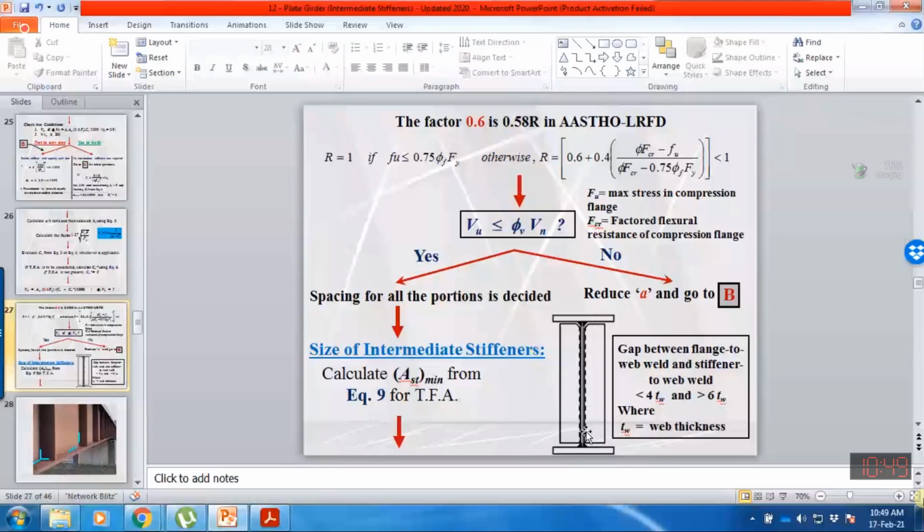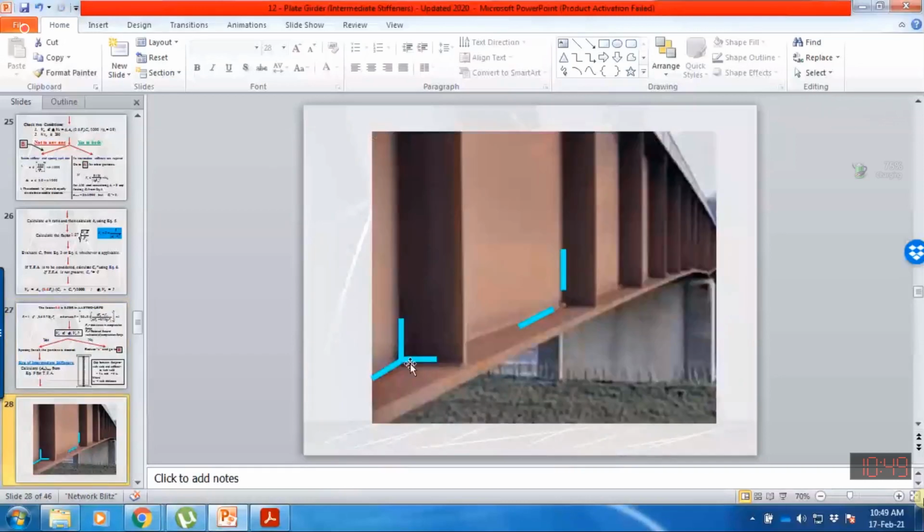For example, if we provide a weld here, this is the junction, the corner where the stiffening plate, web and flange are meeting. Let's suppose this is the weld connecting the flange plate with the web, this is the weld connecting the stiffening plate with the web, and this is the weld connecting the stiffening plate with the flange.